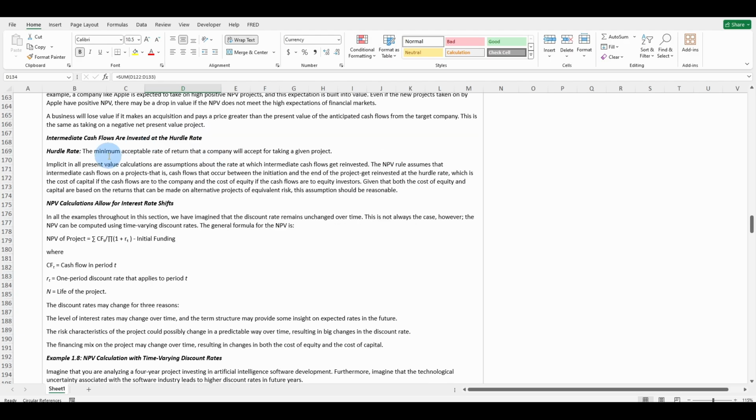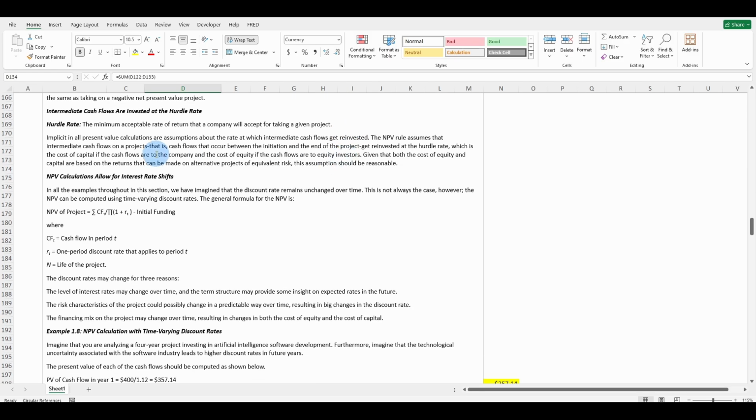Intermediate cash flows are reinvested at the hurdle rate. Hurdle rate: the minimum acceptable rate of return that a company will accept from taking a given project. Implicit in all present value calculations are assumptions about the rate at which intermediate cash flows get reinvested.